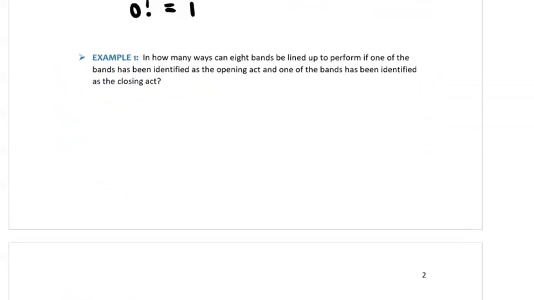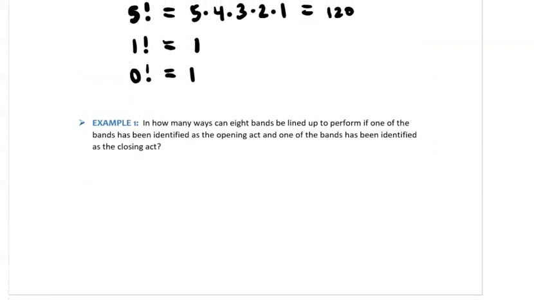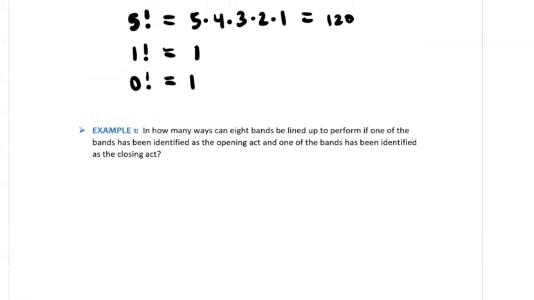Example 1. In how many ways can 8 bands be lined up to perform if one of the bands has been identified as the opening act and one of the bands has been identified as the closing act? So in this example, we could think about this as lining up 8 bands.